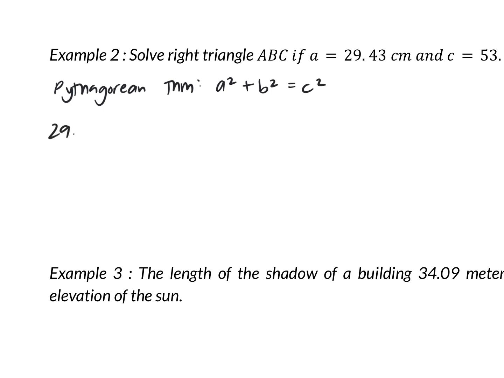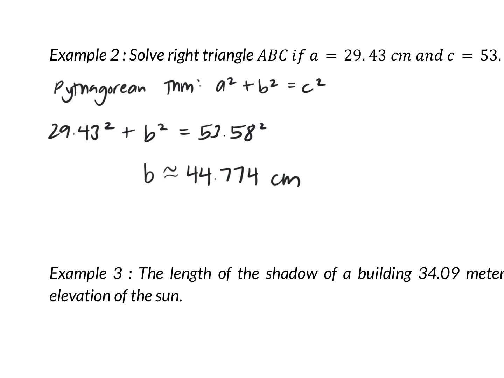So we've got 29.43 squared plus my side of B squared is equal to 53.58 squared. Just a little bit of an algebra problem here. Subtract that over and take the square root. Plug that in your calculator and double check that you get 44.774 centimeters.